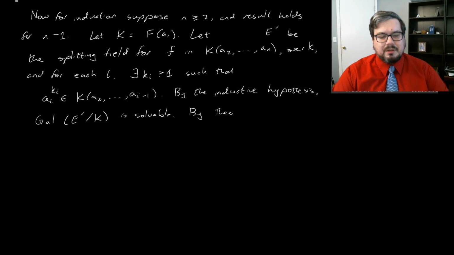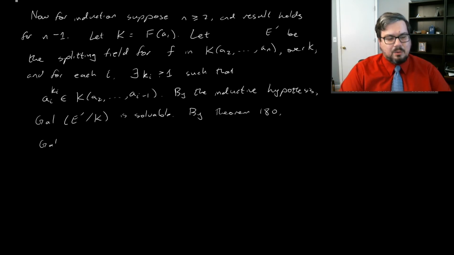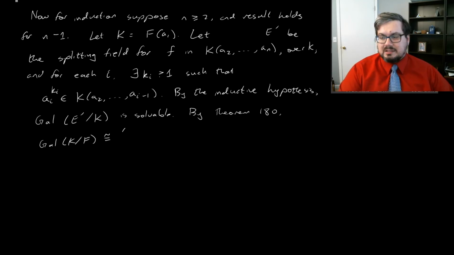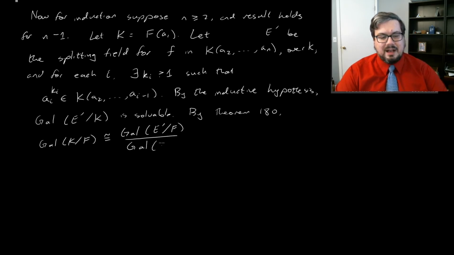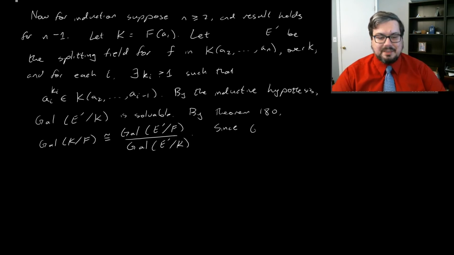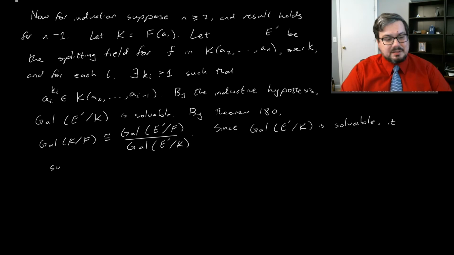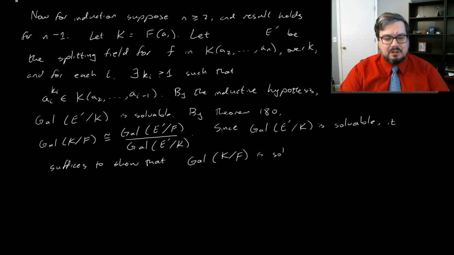And then by theorem 180, we have that the Galois group of K over F is isomorphic to the Galois group of E prime over F mod the Galois group of E prime over K. Now, since we have that the Galois group of E prime over K is solvable by the hypothesis, it suffices to show that the Galois group of K over F is solvable.